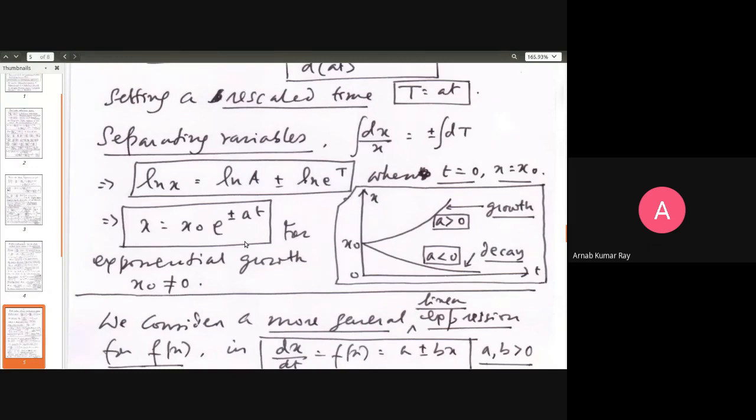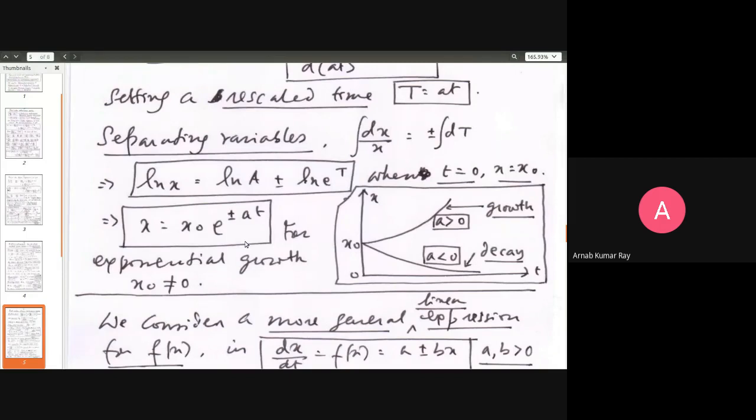I hope you are aware of two kinds of progression. One is arithmetic progression and the other is geometric progression. In the arithmetic progression, you start with a certain value and then you keep adding constant values to that and grow. Whereas in geometric progression, you start with a certain value and then you have a product of that value in your subsequent steps.